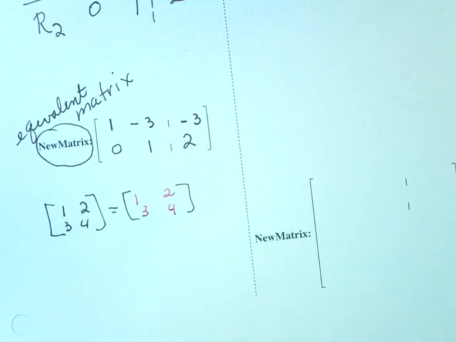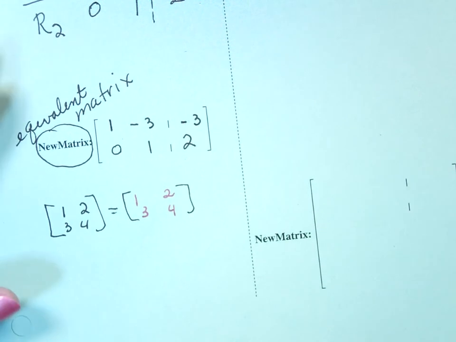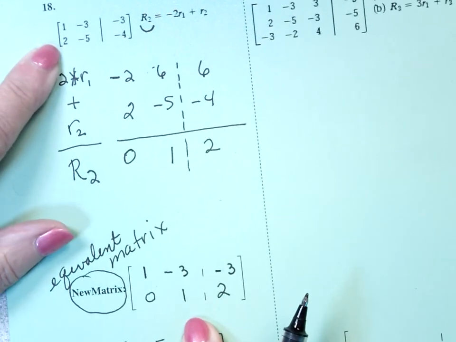They have to be literally identical matrices. That's like saying the number 2 equals the number 2. They have to be identical. That's how two matrices are equal. So that's why we say they are equivalent, not equal. They can't be equal, because these two certainly don't look the same.